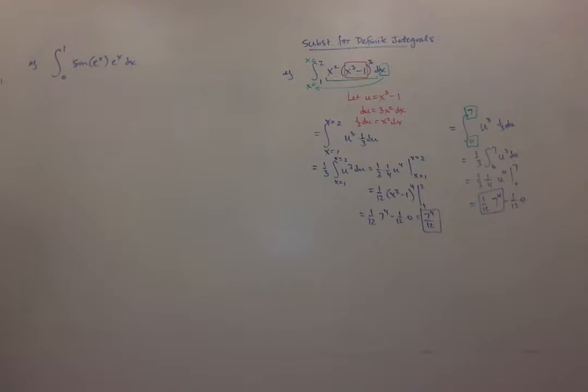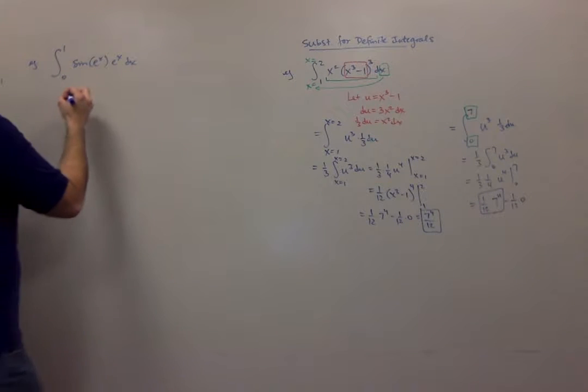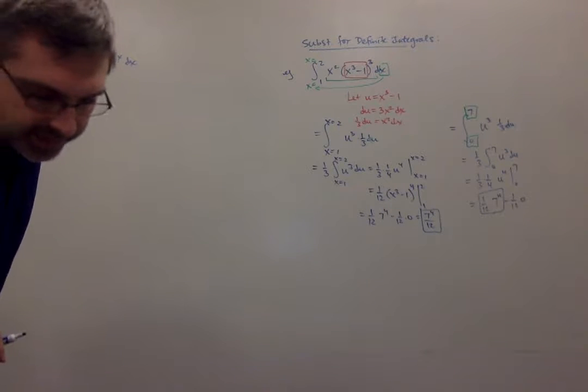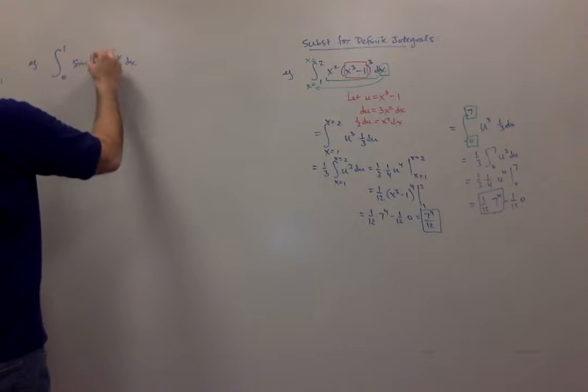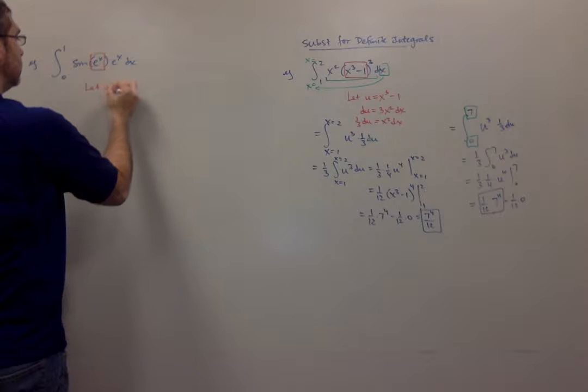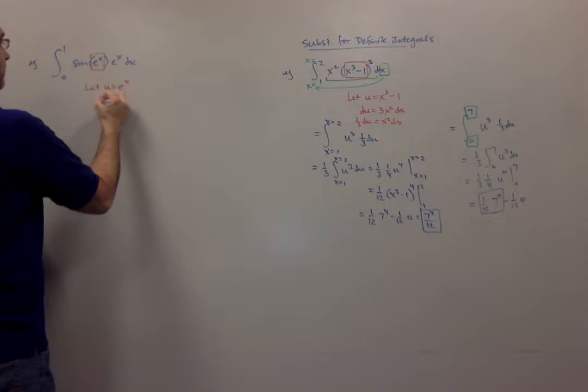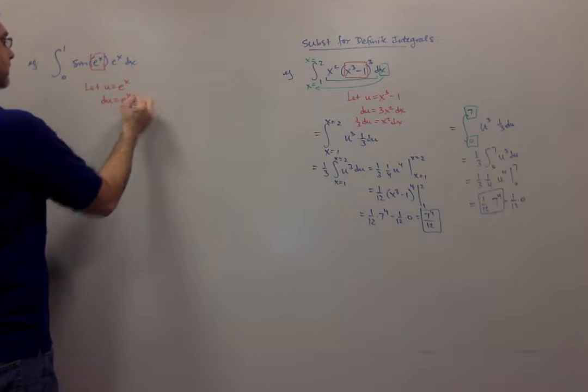Okay? So again, I see a composition here. So let's let u equal e to the x. Du is going to be e to the x dx, which is exactly what I want.